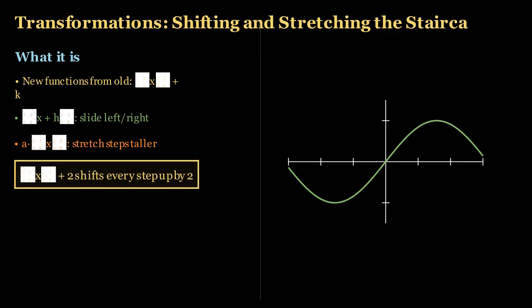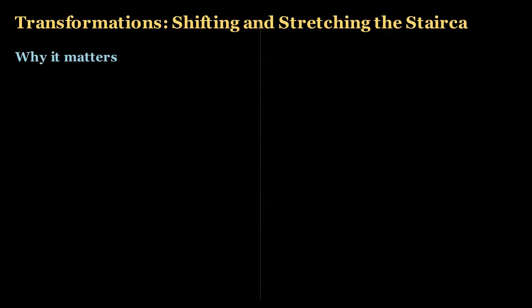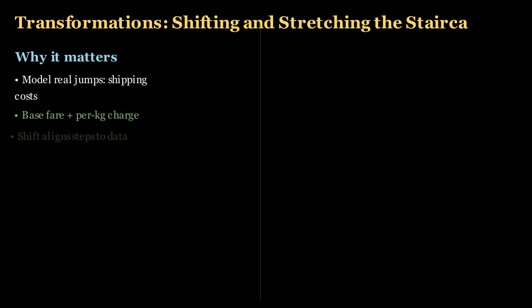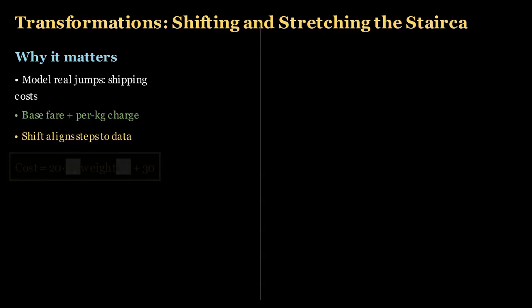Why would anyone want to shift or stretch a staircase? Imagine a courier company that charges 30 rupees as a base fare, plus 20 rupees for each extra kilogram or part thereof. The cost function is a floor, 20 times the floor of the weight, plus that base 30. That base 30 is exactly a vertical shift, it lifts the whole staircase up.